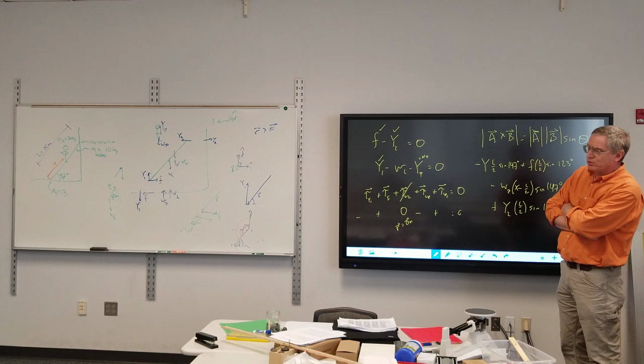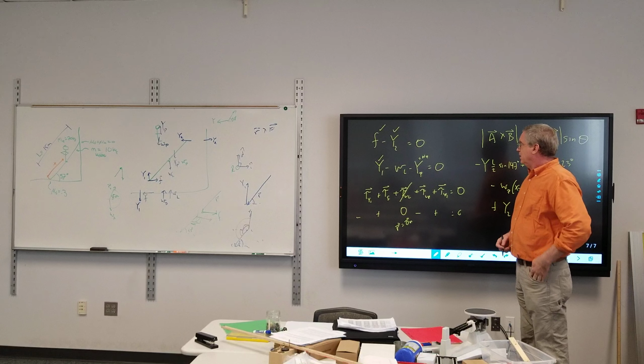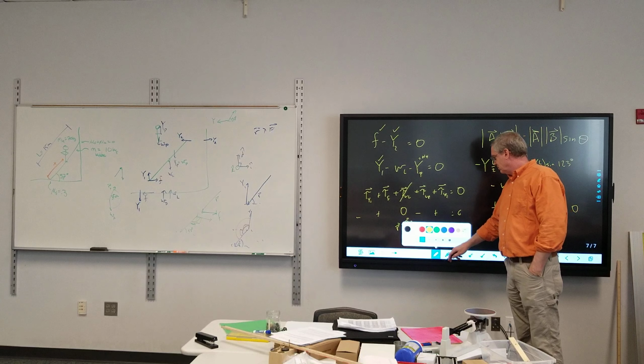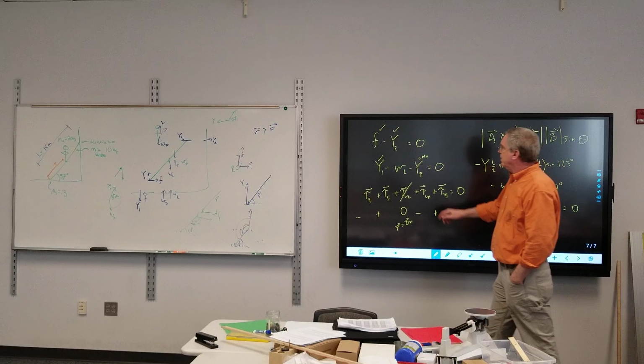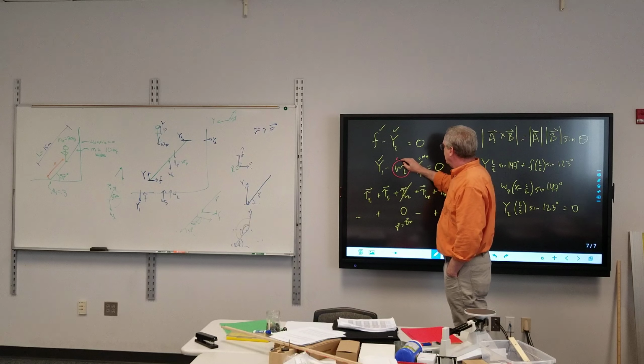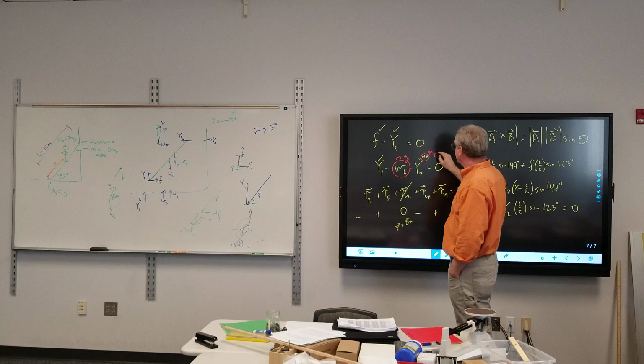All right, so let's do the substitution phase. What are we going to substitute? Y equals mg. So I've got m ladder times g, and here I'm going to have m person times g.